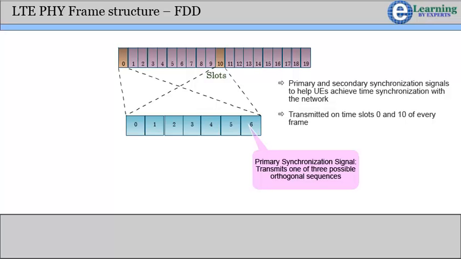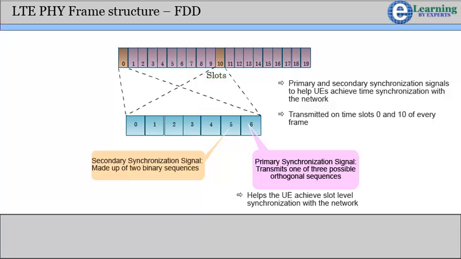The primary synchronization signal in each cell transmits one of three possible orthogonal sequences. The entire sequence is repeated in each time slot, and that helps the UE achieve slot-level synchronization with the network. The secondary synchronization signal is always transmitted on the second to last OFDMA symbol of time slots 0 and 10 of each frame.